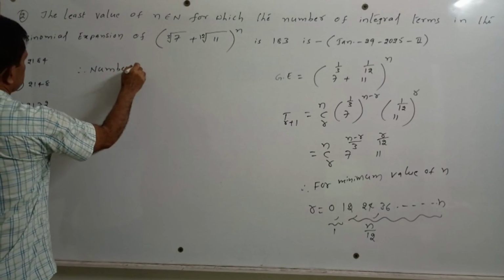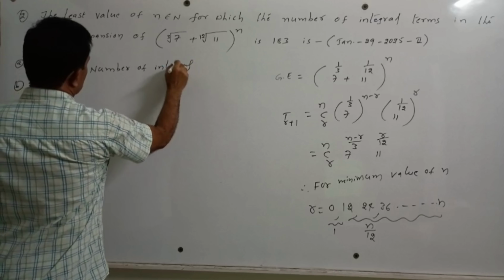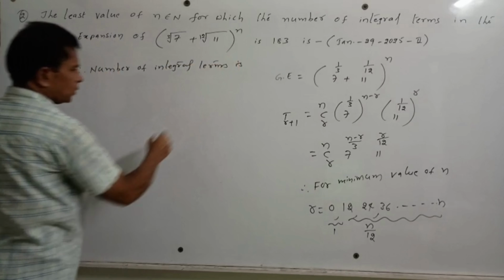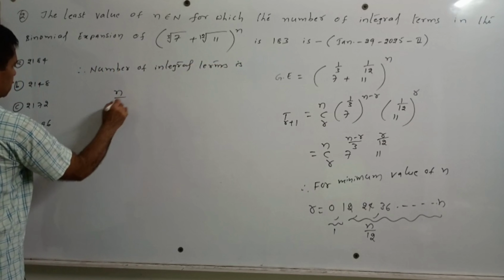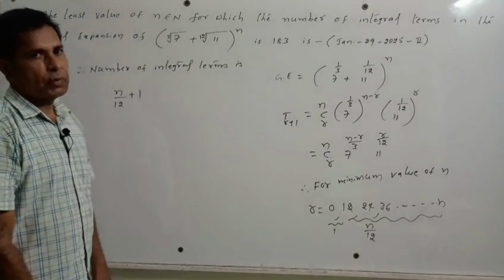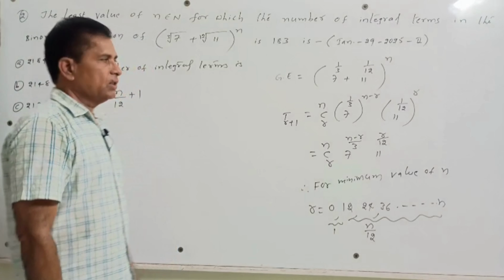Therefore the number of integral terms is n by 12 plus 1. But in the problem he has given the number of integral terms is 183.